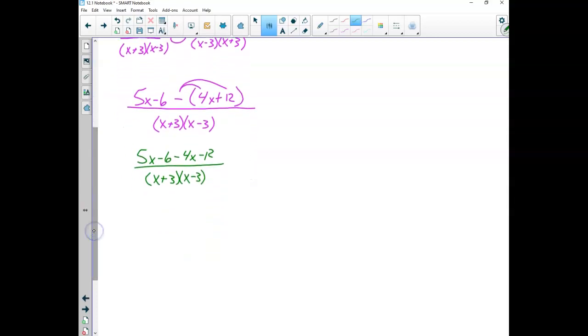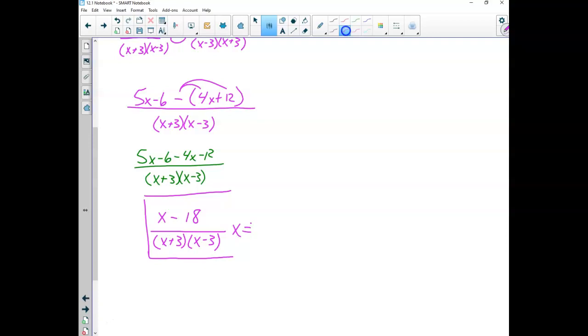Then I'm just going to combine my like terms. My denominator stays the same. I didn't do anything to it. And on the top, I'm going to have x minus 18. The numerator's factored already, and because nothing reduces, here is my answer to the problem.